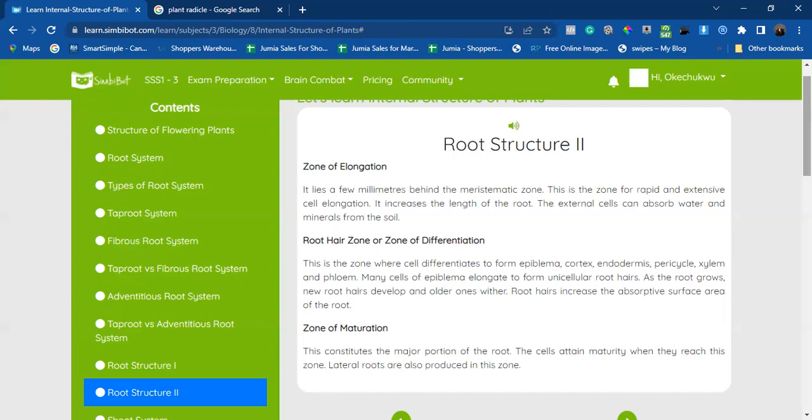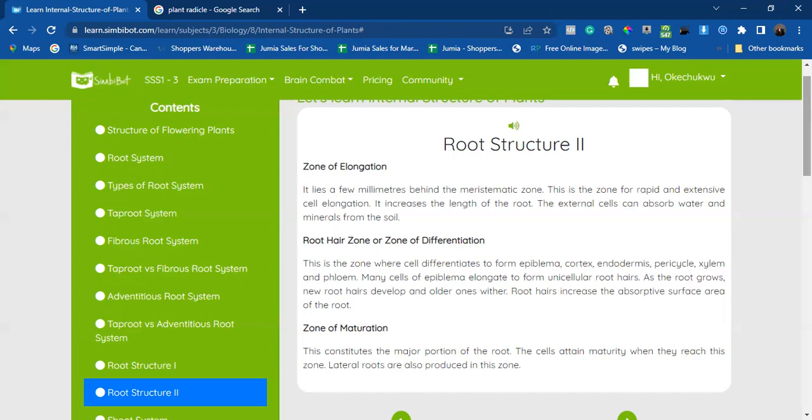So these are different zones or structures in the root of a plant. Let's pay attention. There are about five. We have the root cap or calyptra. We have the growth zone. We have the elongation zone. We have the differentiation zone, and we have the maturation zone.